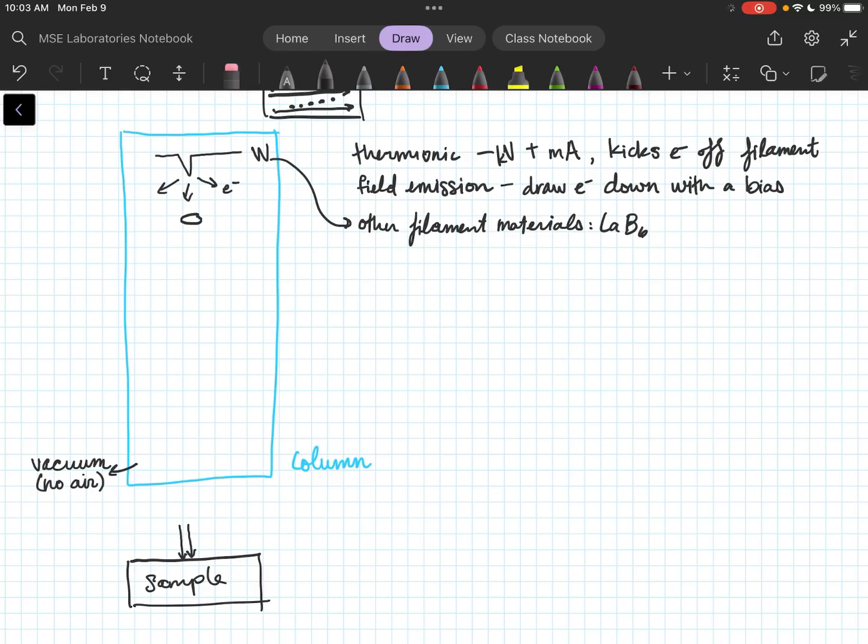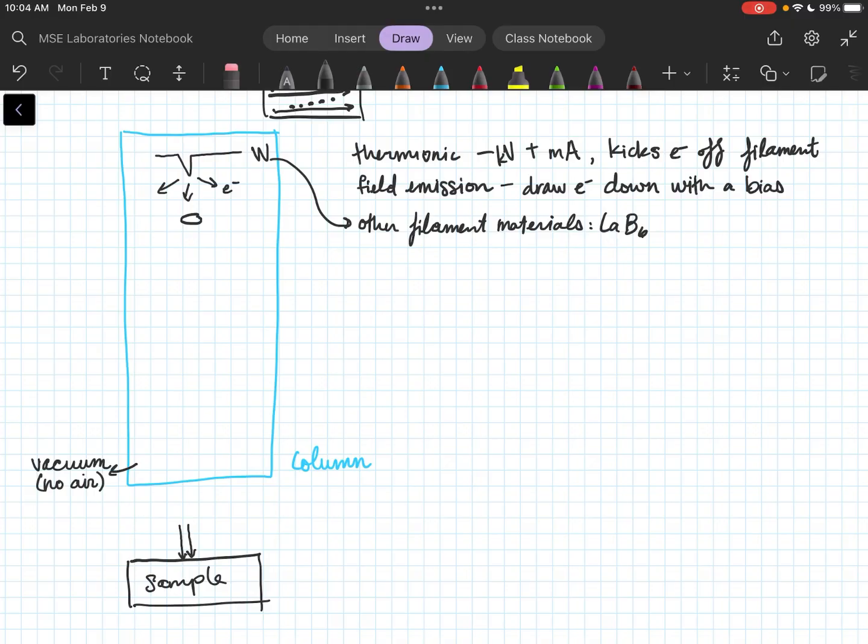LaB6 requires a little less energy to pull electrons off of, so it is considered better, but also more expensive.